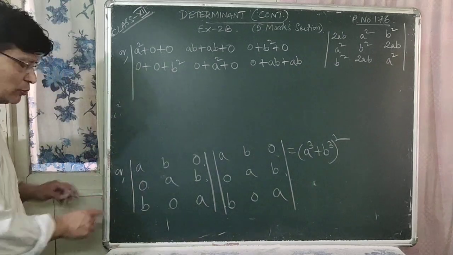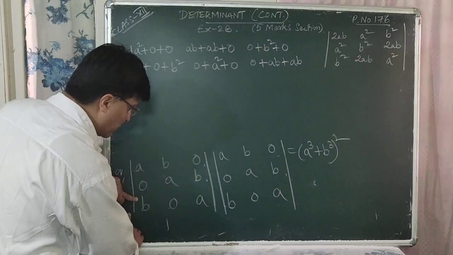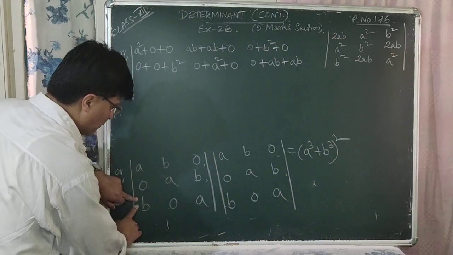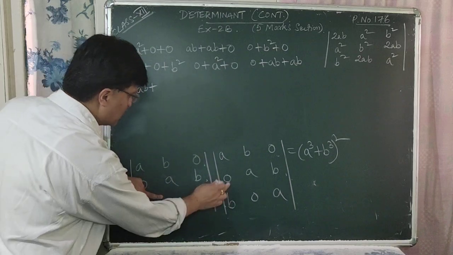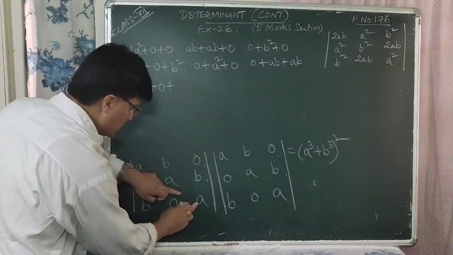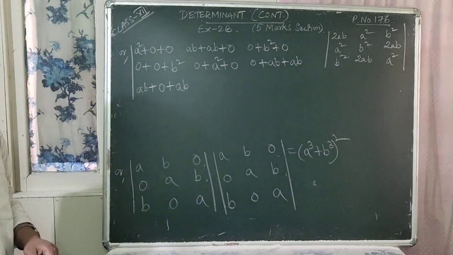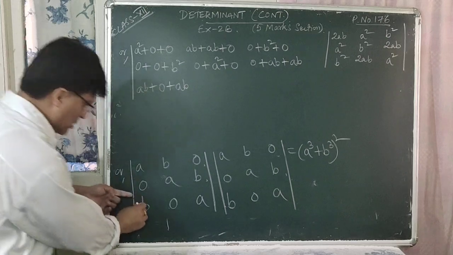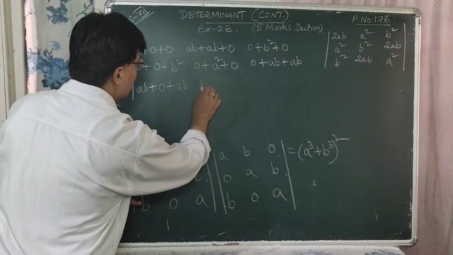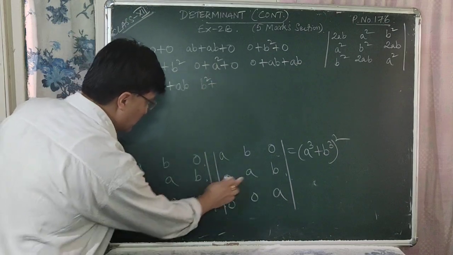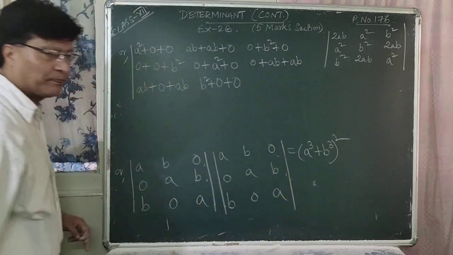Now third row. This third row is multiplied by first column. Corresponding elements are multiplied. First element into first element, that is AB, plus second element into second element, 0, plus third element into third element, that is AB. This is the first element of the third row. Next, this third row is multiplied by second column, B into B, B square plus 0 into A, 0 plus A into 0, that is 0.